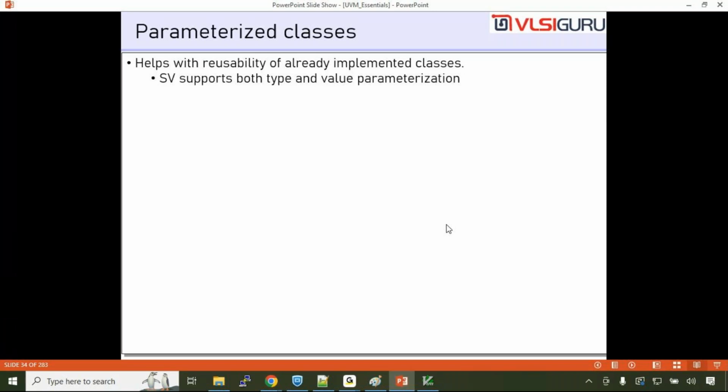That is why in UVM they implement most of the base classes as parameterized classes, so that you can reuse them for different requirements. How they will reuse, I'll tell you. Very simple concept.